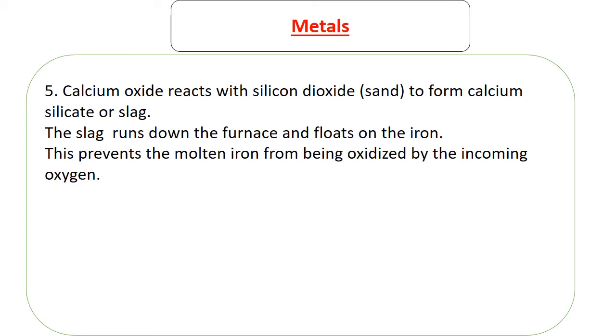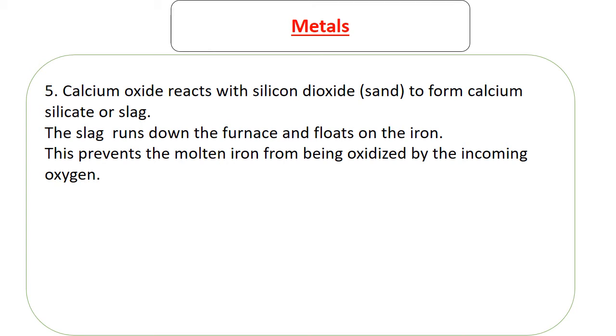Once the slag is on top of the iron, it prevents the iron from being oxidized by the incoming oxygen. As the reaction is proceeding, on top of the furnace there is oxygen. So once the iron is covered by slag, the oxygen cannot reach the iron, meaning that the iron is going to stay pure. So that's one advantage that slag adds.